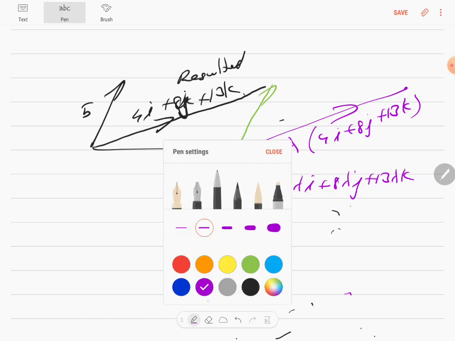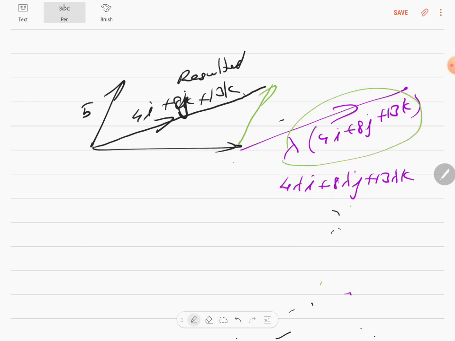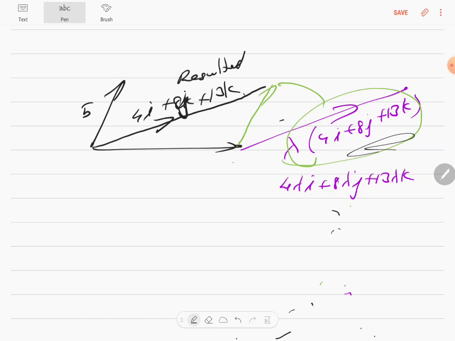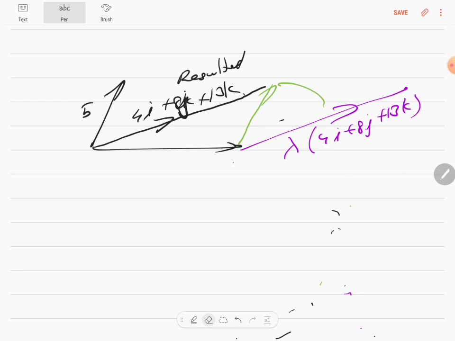But the question would say, find a unit vector parallel to the diagonal. What we found is a vector which is parallel to the diagonal. To find a unit vector, we divide that vector by its magnitude.